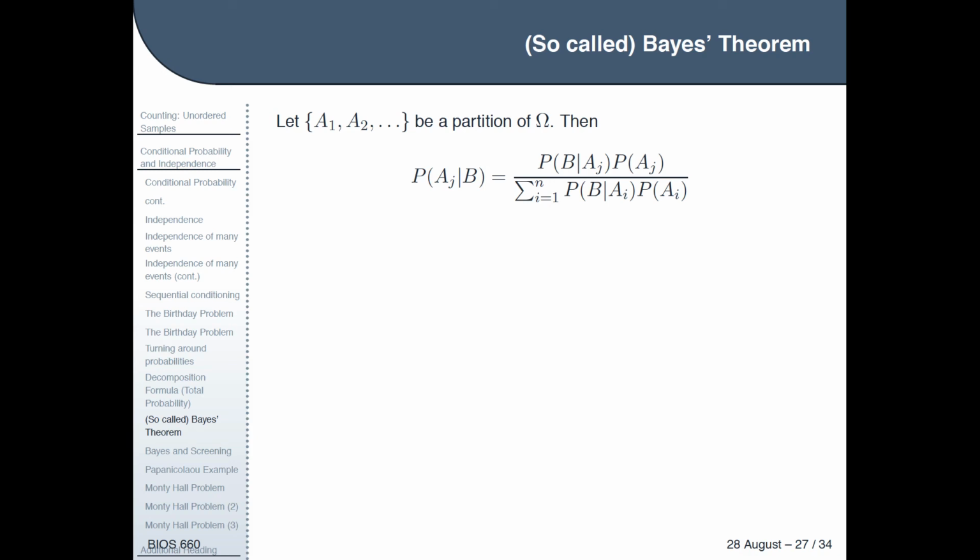In practice, probably 95% of the time, the partition will just be A and A complement, in which case the denominator will just be the probability of B given A times the probability of A, plus the probability of B given A complement times the probability of A complement.